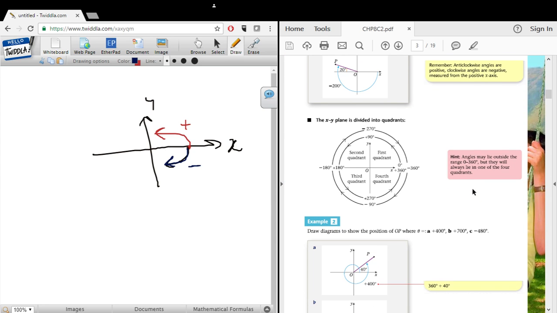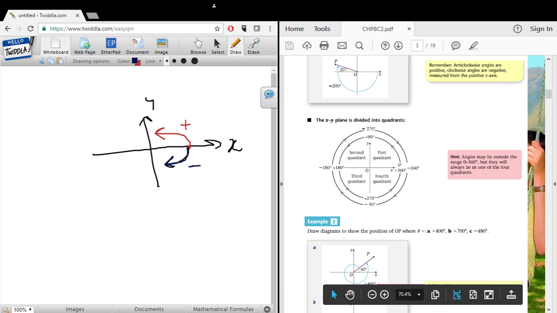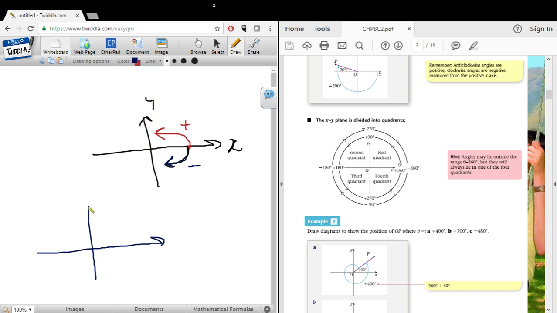And again, the XY plane is divided into quadrants. We discussed quadrants very briefly many videos ago. I will write them out once again here. This is Y, this is X. This is the first, this is the second, this is the third, this is the fourth.